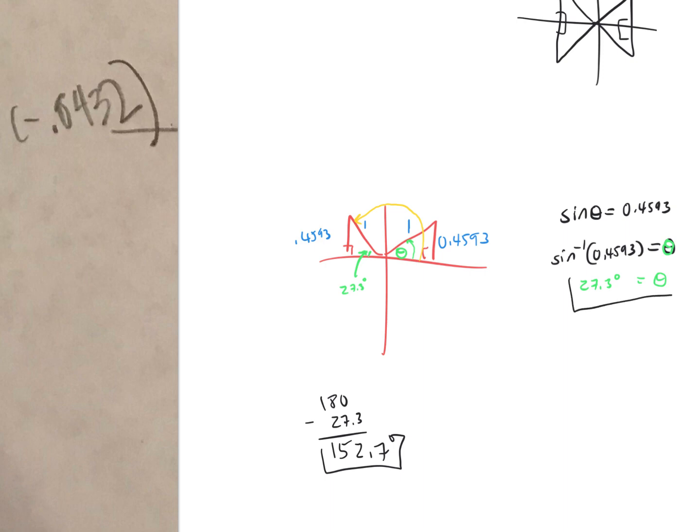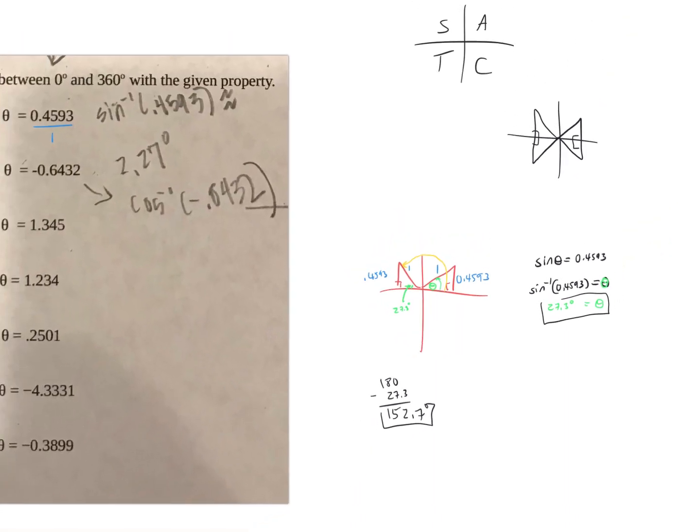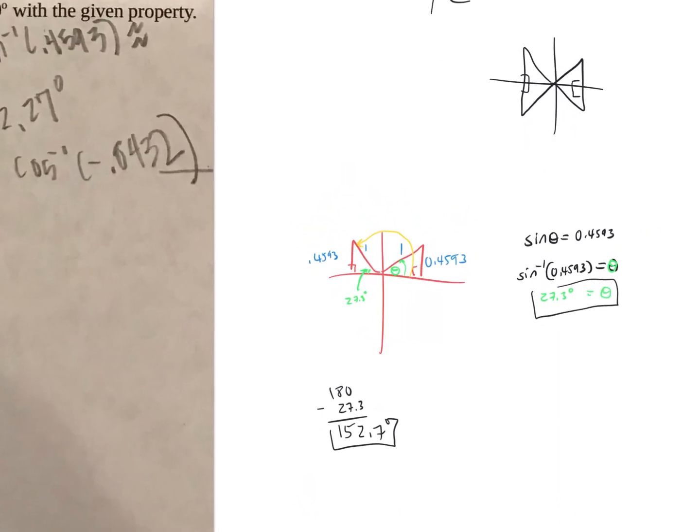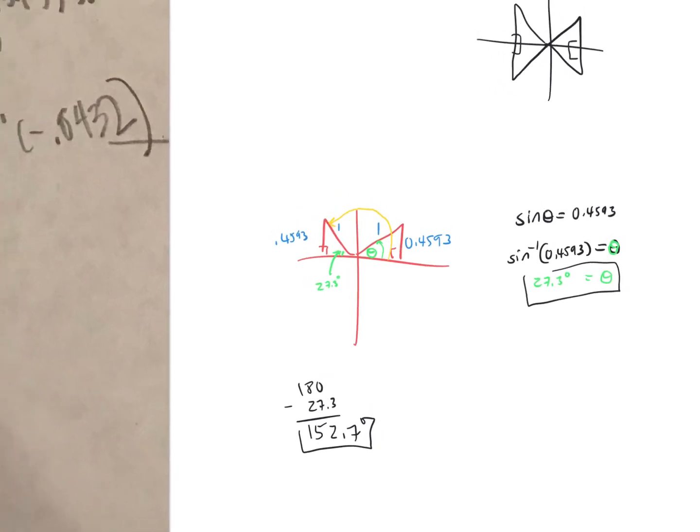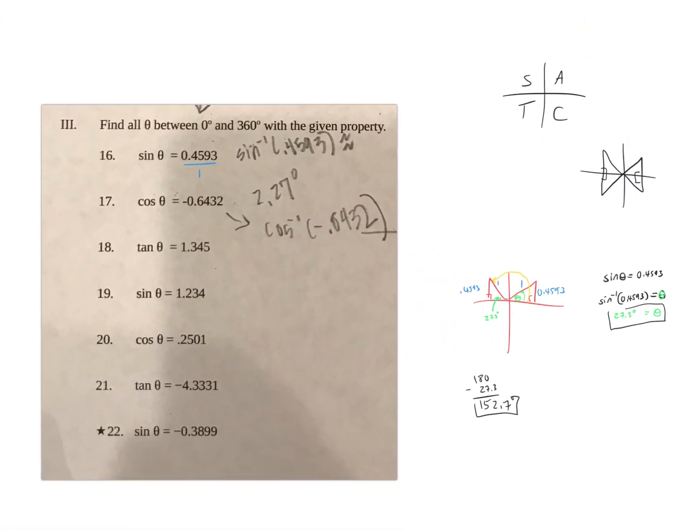So the first answer is that 27.3 would be an angle such that the sine of the angle is 0.4593, and it would be the case that 152.7, this yellow angle, would also be an angle such that sine of that angle equals 0.4593. Okay, so hopefully that makes sense.